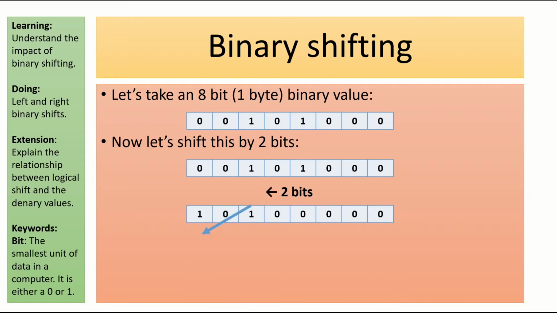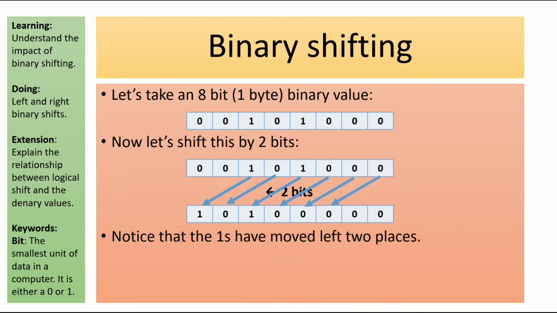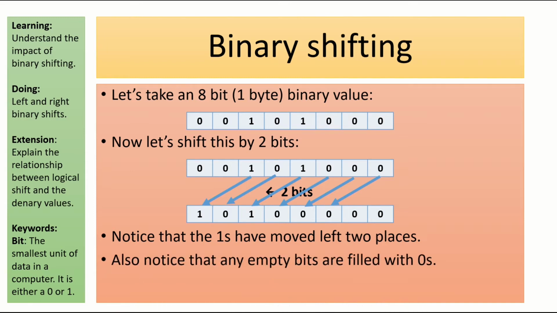We're moving the 1 2 places up, the 0 2 places up, the 1 2 places up, and the 0s 2 places up, and then those 2 on the end are lost forever. All we're doing is moving those 1s 2 places, and any spaces you have are just filled with zeros. We're just infilling with zeros.